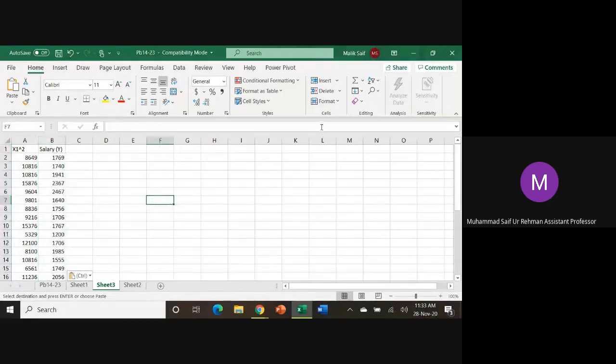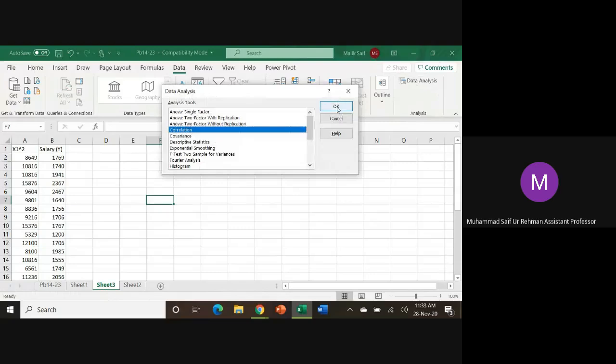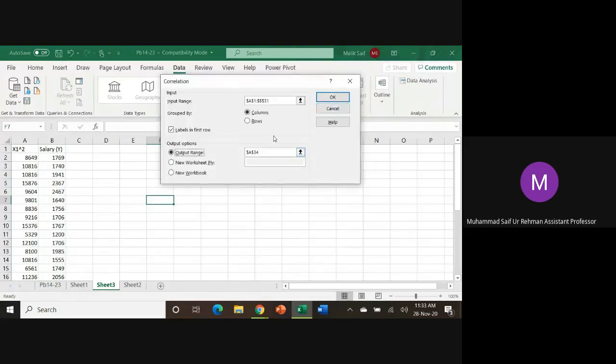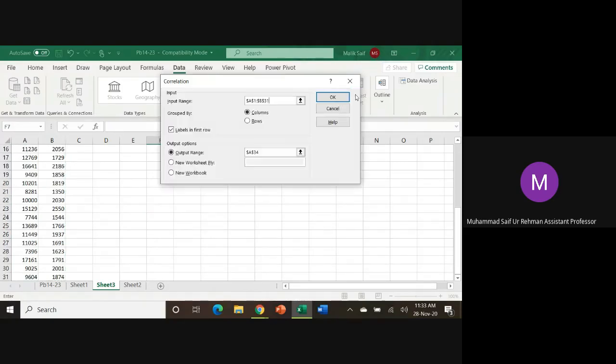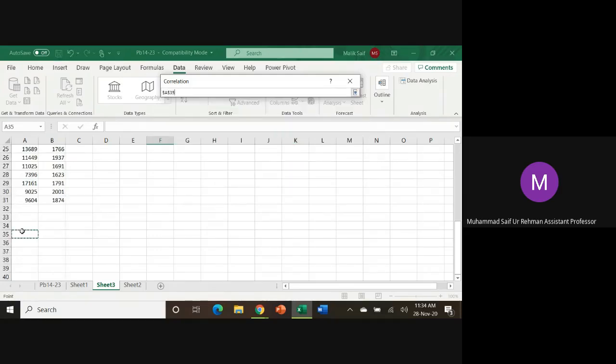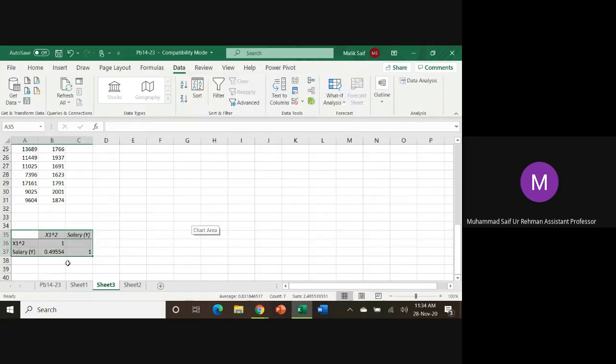Okay, so now data analysis. Yes, correlation coefficient we are interested to know. Okay, tables are there. Output range I'm going to give over here. Okay, see, the relationship is further weak.